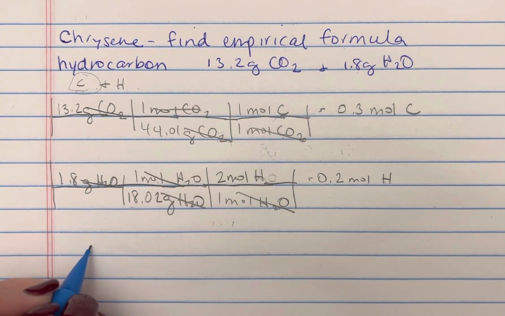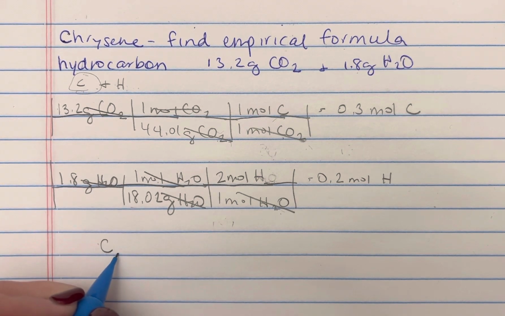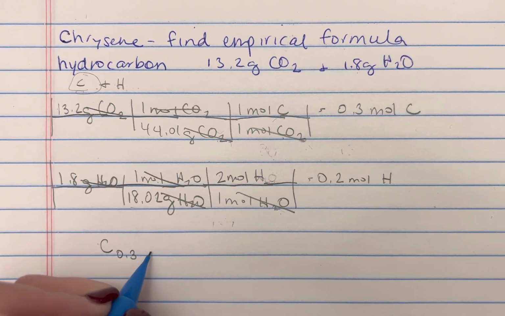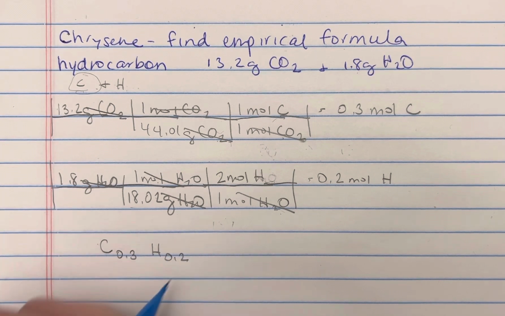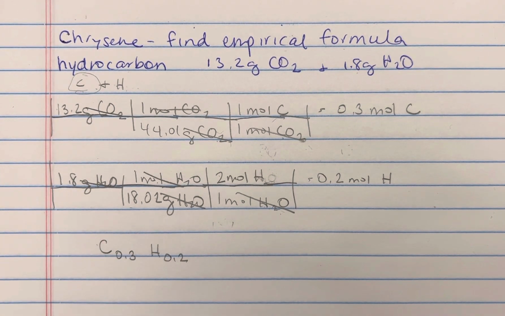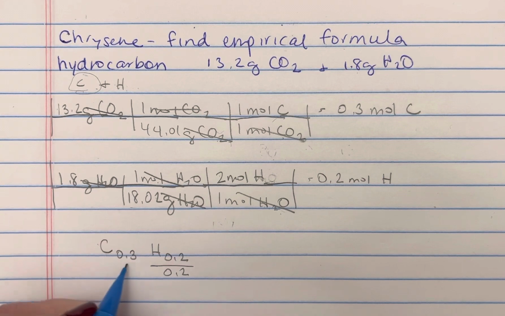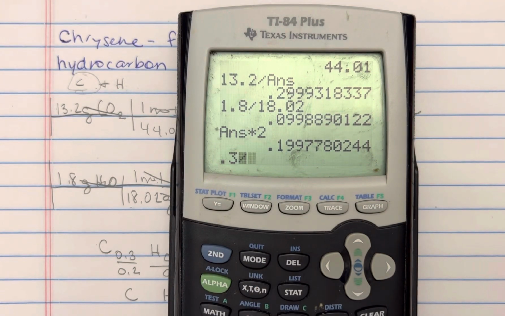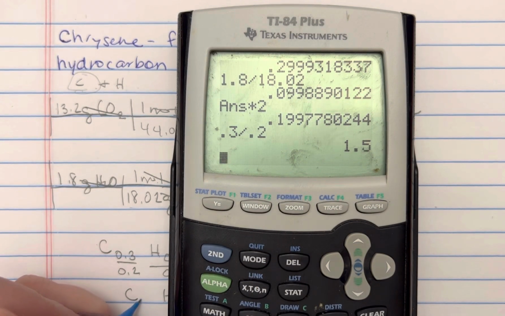So now we write our pseudo formula using our moles as subscripts. So C 0.3, H 0.2. Now we need to divide by the smallest one, which is 0.2. So that gives us H1, and carbon 0.3 divided by 0.2 should be 1.5.